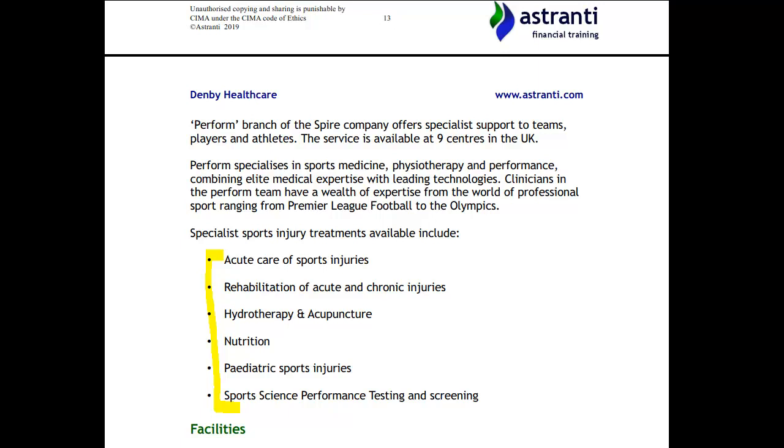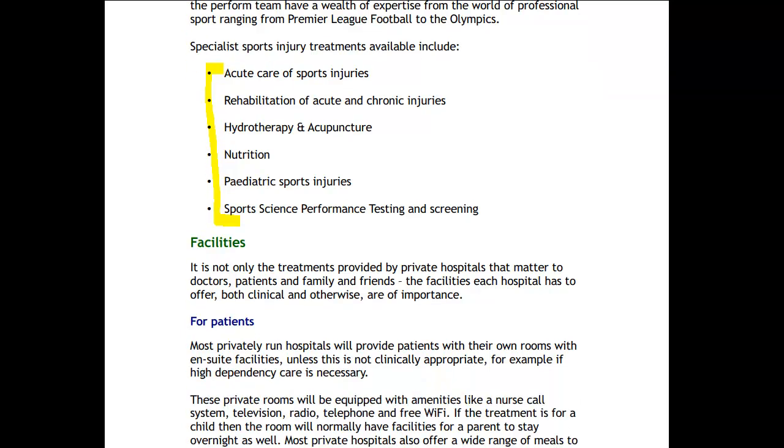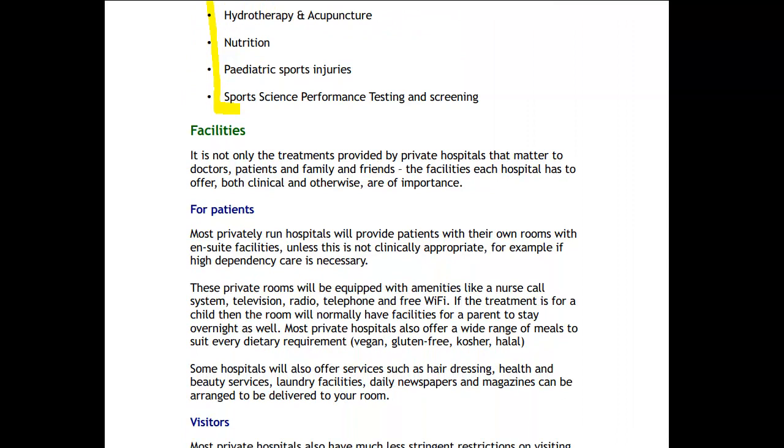Now, obviously the treatments that hospitals provide are the most important thing to patients. That is essentially what they are looking for when they choose a private healthcare provider. But on the other hand, something else that's really, really important, specifically to patients in terms of their recovery, is the facilities that the hospital provides.